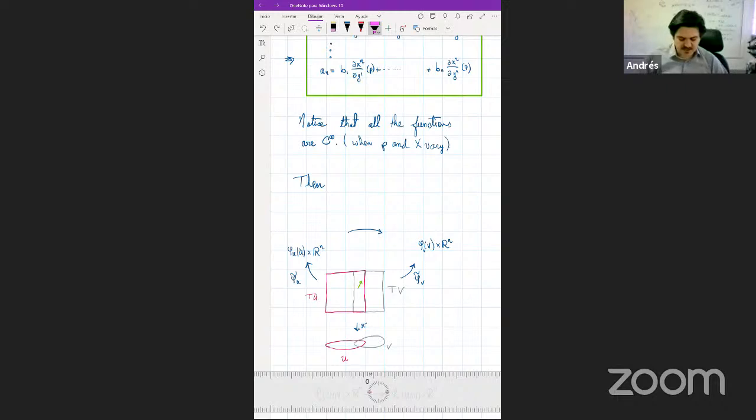Know that the intersection of T of U and T of V is very large. Maybe U and V could be very small, but T of U intersected with T of V is something huge because you have Rn in that direction.